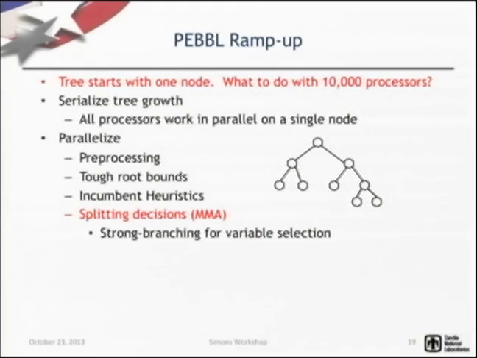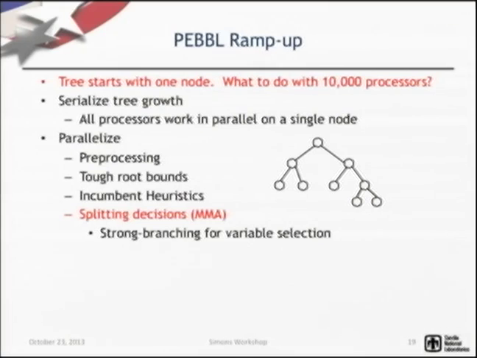So there are a number of things you can do. You can do pre-processing if you have a kernelization operation. You can work on more difficult bounds than you would be doing on an individual processor. But in particular for the MMA, we do this strong branching. So at the root, where you have the most undecided nodes and you have to decide what to branch on, and the upper bound doesn't match the lower bound, of course, then you can take all of the undecided variables and split them evenly amongst the processors.